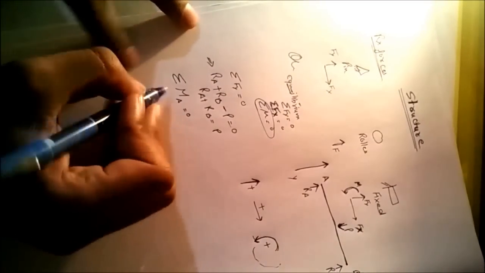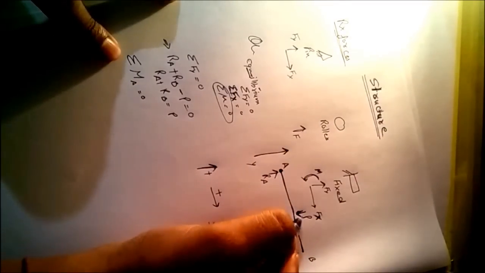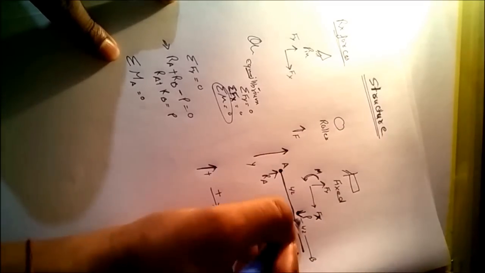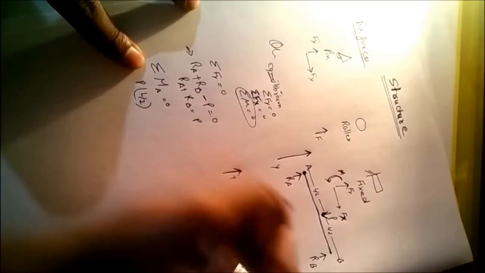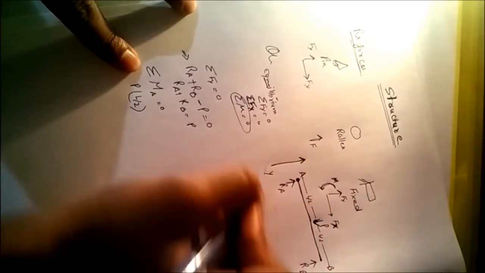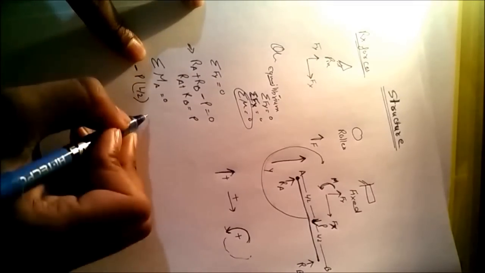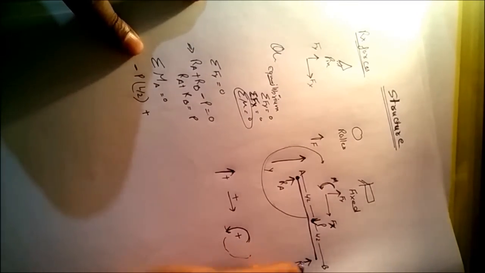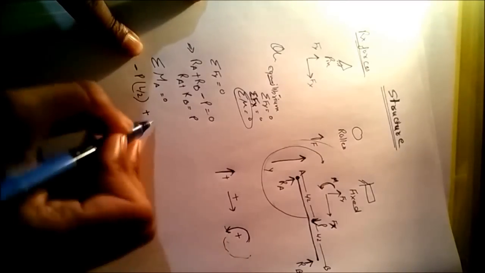Now for the moment at A: P into L by 2, this is in the clockwise direction, so we will take negative, plus Rb. Now the other force is Rb. Rb is in this direction, that is our positive direction.